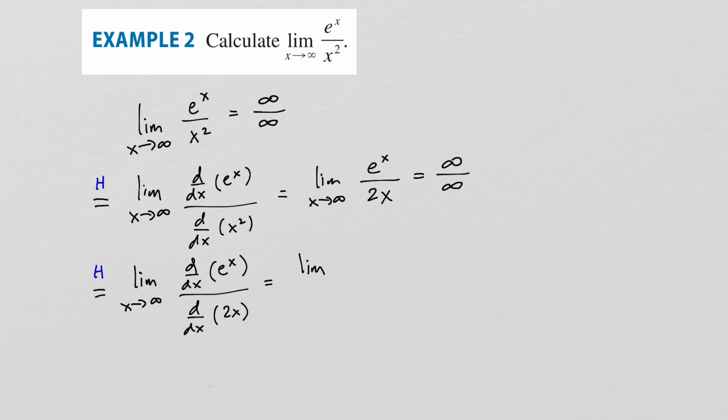And this, of course, is the limit as x goes to infinity of e to the x divided by 2. And now, as x gets extremely large, this is going to be infinity divided by 2, which, of course, is infinity. And so this limit is infinity, or technically we can say this limit does not exist, but infinity is the better answer.